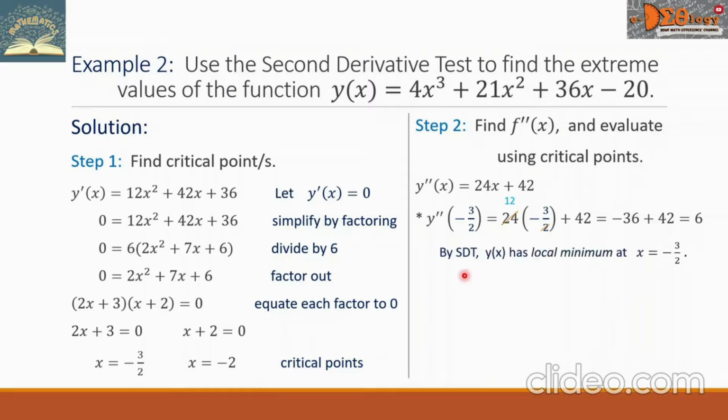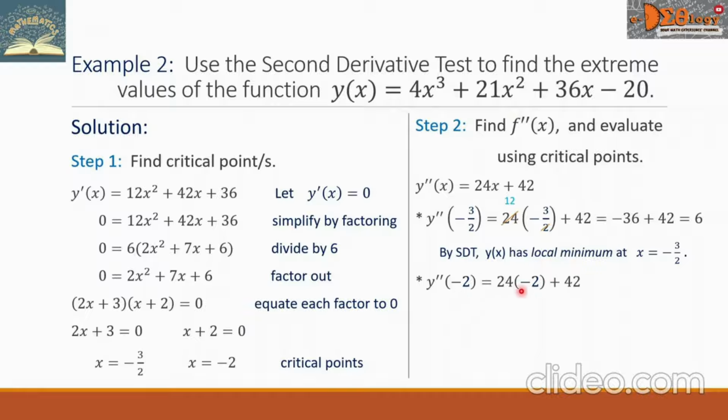And we say that by the second derivative test, the function y of x has a local minimum at x equals negative 3 over 2. What about the second derivative with respect to the second critical point, negative 2?